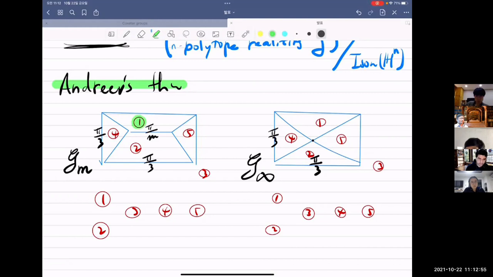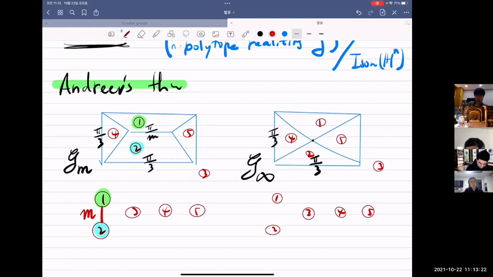So the face corresponds to the vertex in a Coxeter group or the Coxeter diagram. And then this is 2 and this is 2. So the faces 1 and 2 are adjacent, and this angle or the label is pi over m. So I put this edge and then the label m.